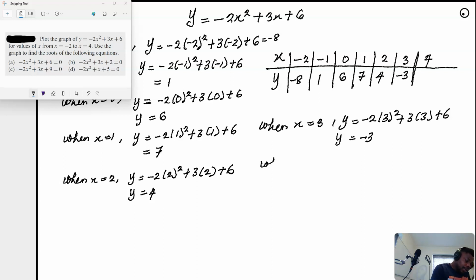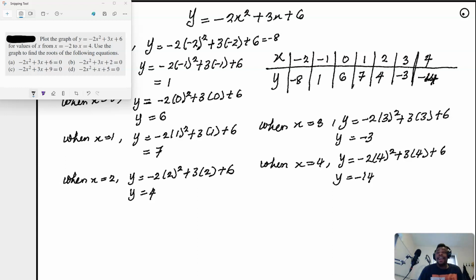Then when x is equal to 4, okay, let's get y for 4. So that will be minus 14. So minus 14. So now we have our table.